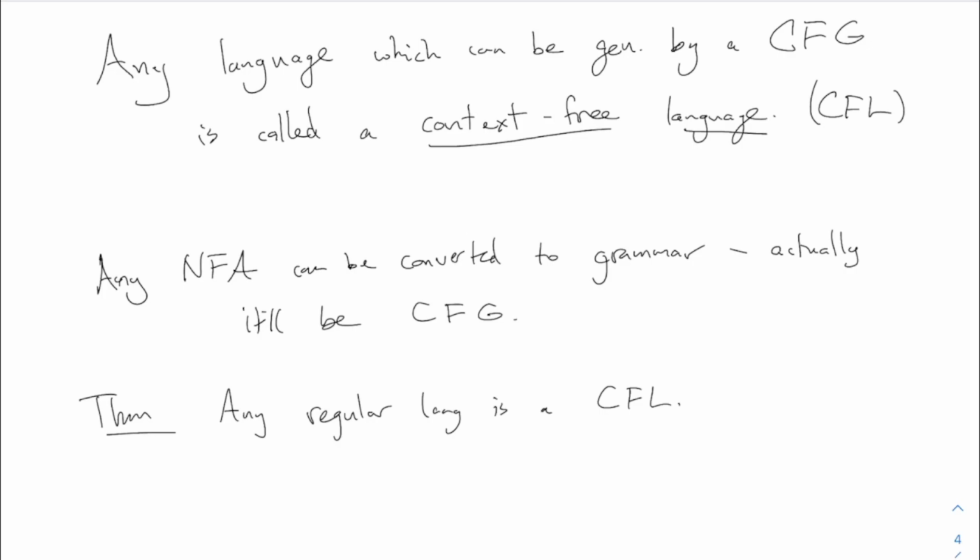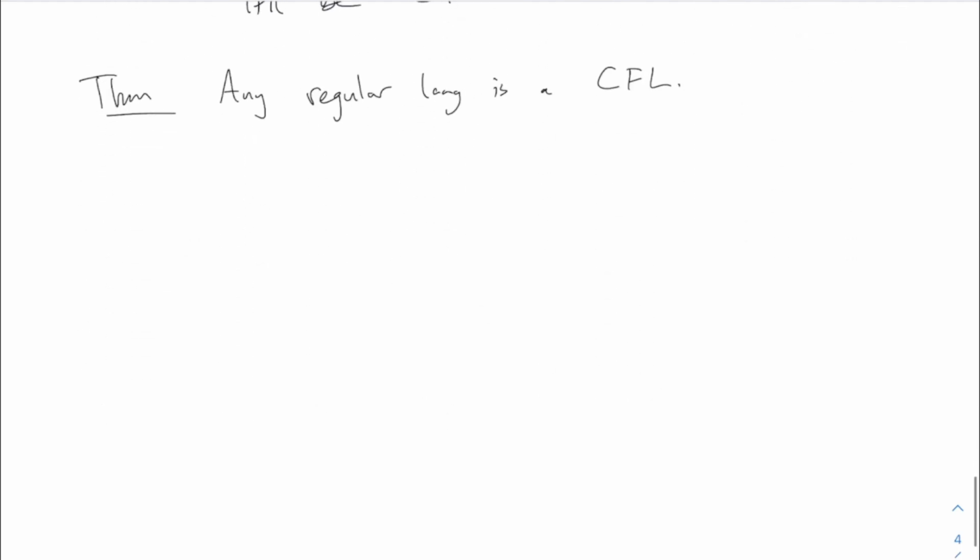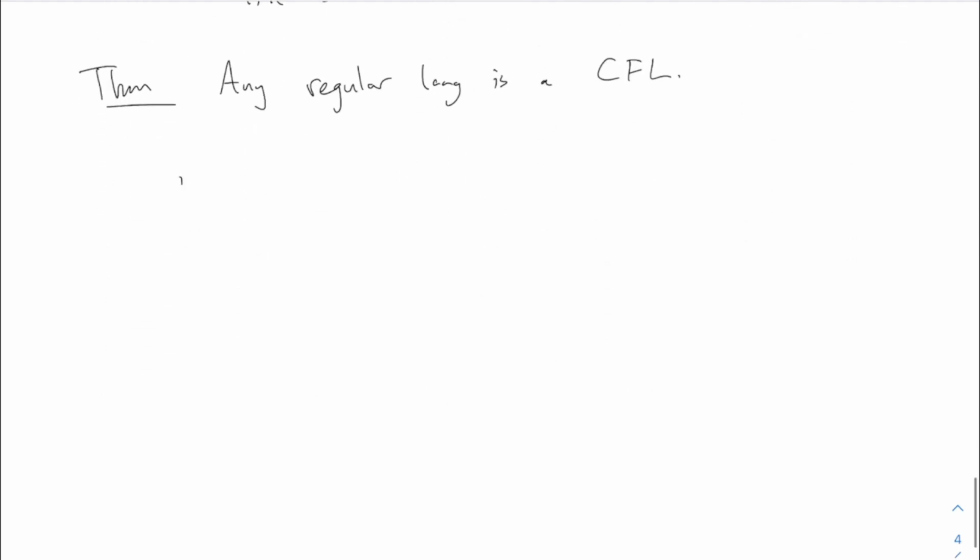And so any regular language is a context-free language. But the other way around is not true. There are some context-free grammars that can give you non-regular languages. The converse is not true.